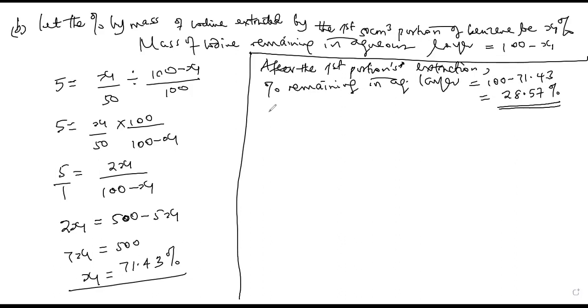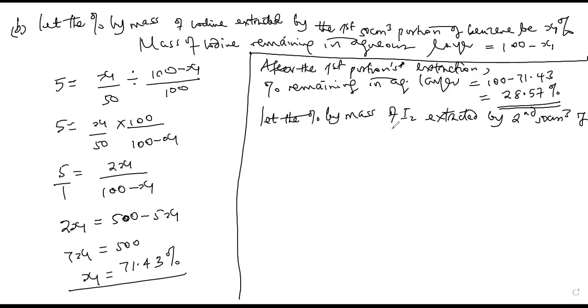So now we go on and say, let the mass of iodine extracted by the second 50 cubic centimeters of benzene be X2%.